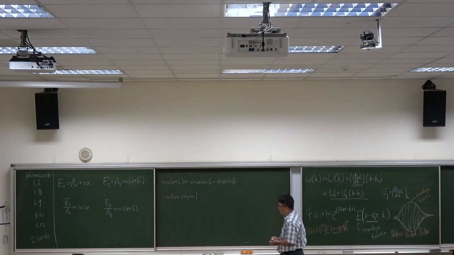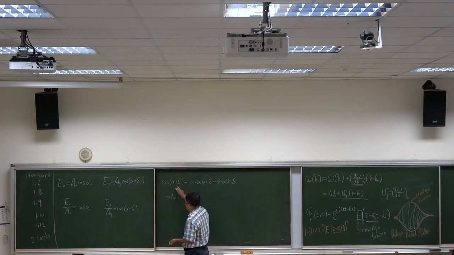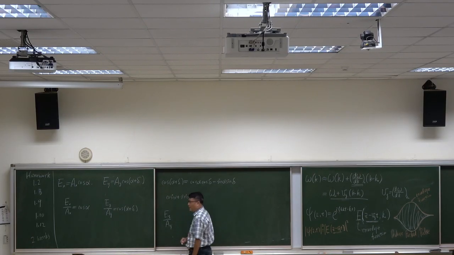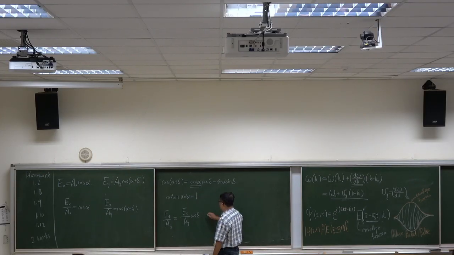So we can write this part as dy over ay, and here this is equal to dx over ax times cosine delta minus sine alpha sine delta.